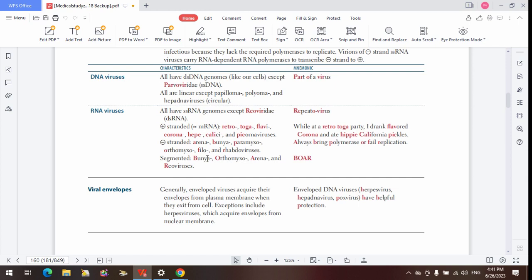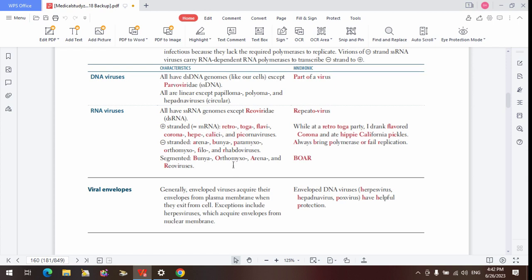The other ones, they are positive strand. So your Retro, your Toga, your Flavi, your Corona, Picorna, Calici. Me, I feel that it's very difficult to remember the positive strand. So just remember the negative strand and convert the other ones to positive strand. So Arena and Bunya, Paramyxo and Orthomyxo, the Filo and the Rhabdo. The way I always remember Rhabdo is rabies.